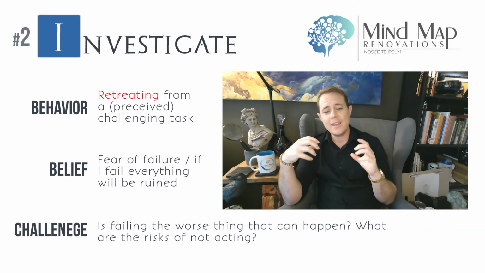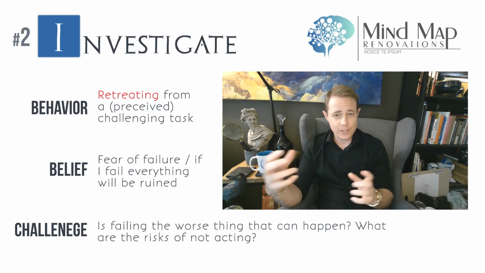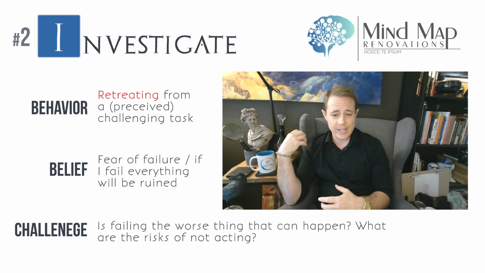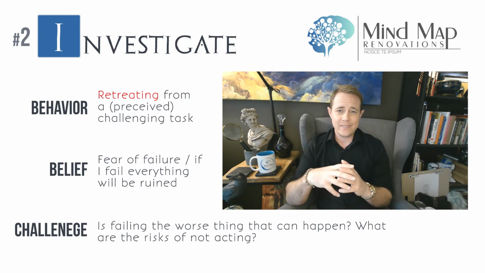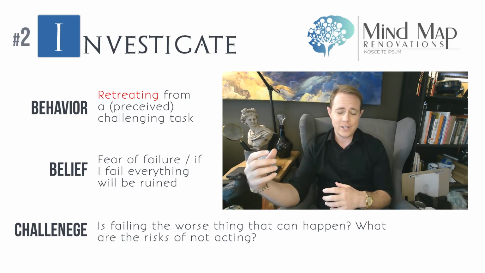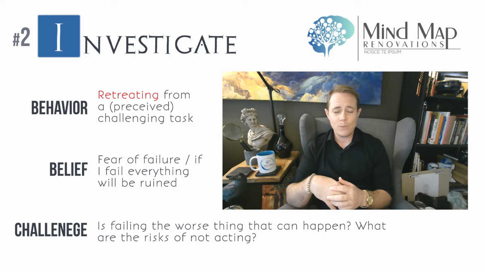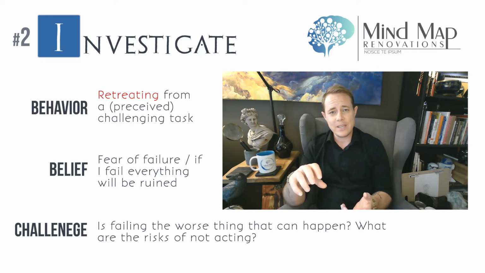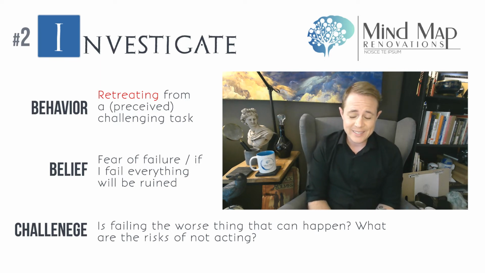Because the investigation step is probably the hardest one, here are some more examples that might help you understand how this works. So say that your default mode behavior is retreating. You just immediately want to get away from a situation anytime you feel challenged. Well, the belief behind that might be a fear of failing, and if you fail, everything will be ruined.